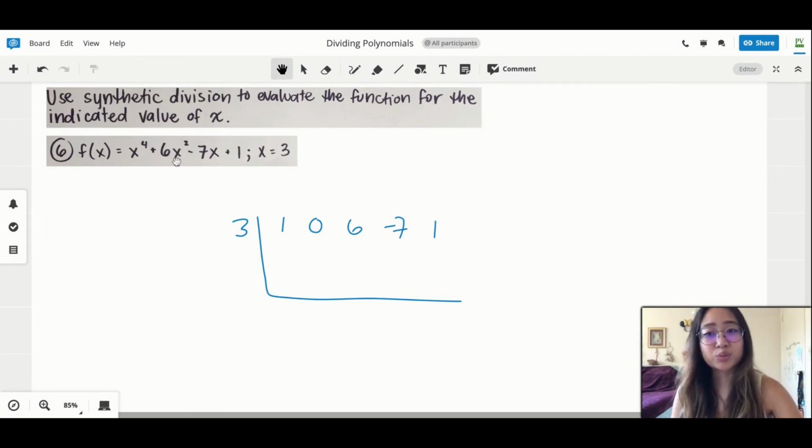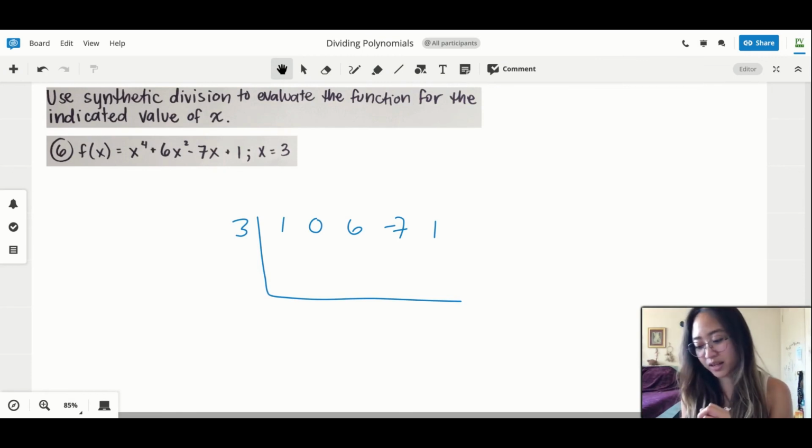So because we didn't have a term to the 3rd degree, I put a 0 in its placeholder because the 1 was the coefficient for the x to the 4th, and the 6 was the coefficient for the 2nd degree, or the x squared term, and we did not have an x cubed term. So this is where that 0 is coming from. Don't ever forget to put placeholders if you notice that there's a certain degree missing.